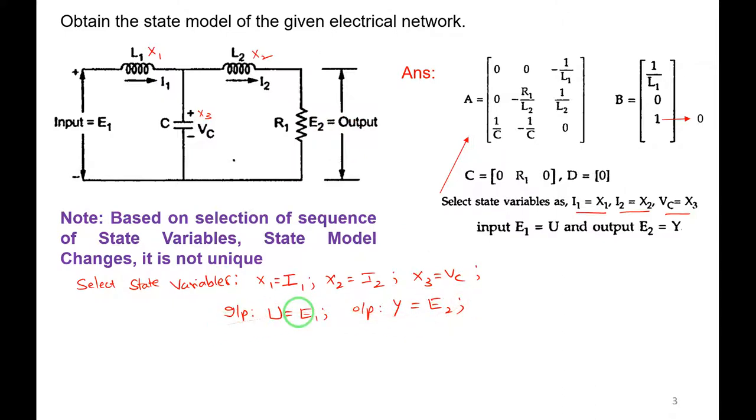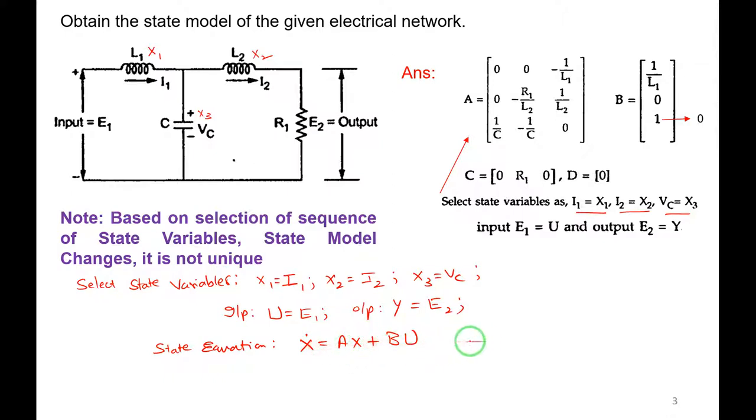Okay, we'll write the state model equations, right? First the state equation. What is the general state equation? X dot is equal to Ax plus Bu. I am not writing x dot of t, A into x of t.